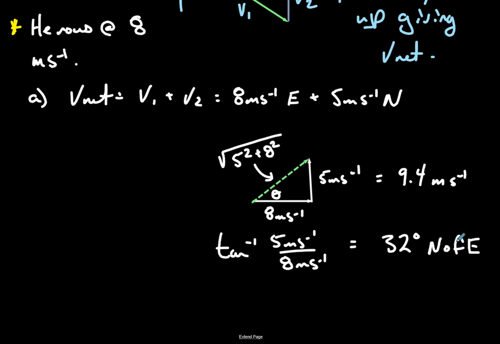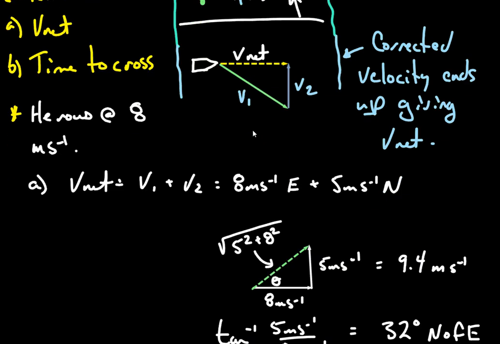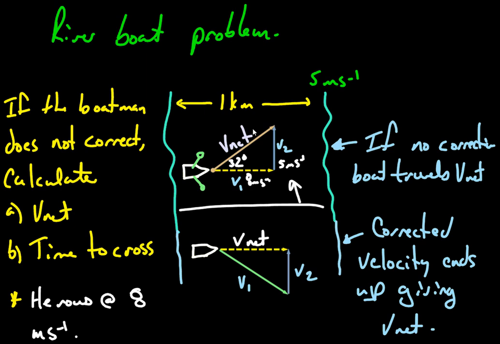Now, it's a good practice to just step back at this point and think about what that really means. If this is 8 meters per second here, and this is 5 meters per second, this angle ends up being 32 degrees, and we get 9.4 meters per second.